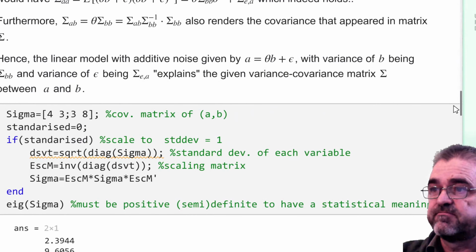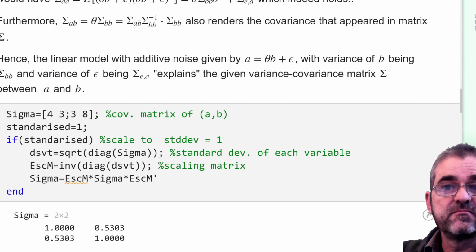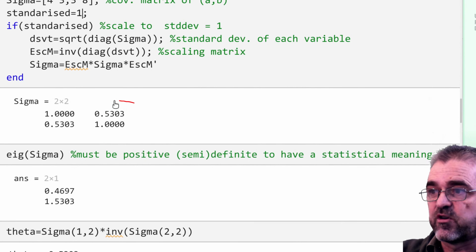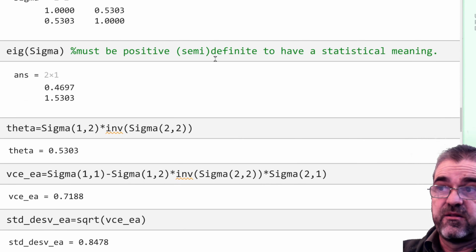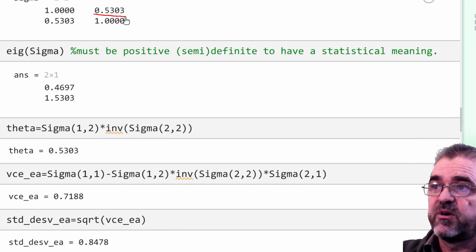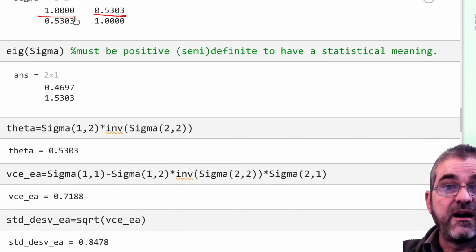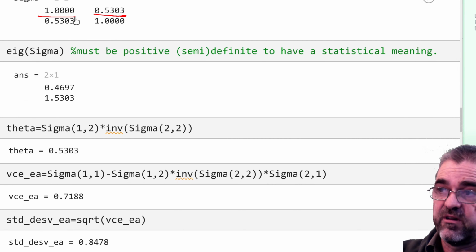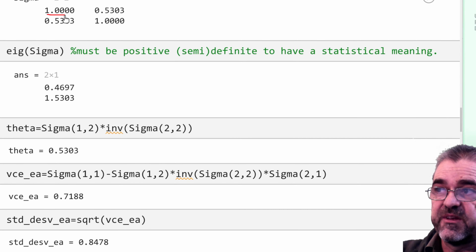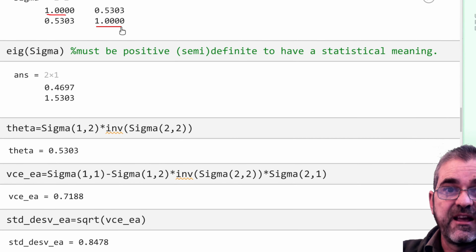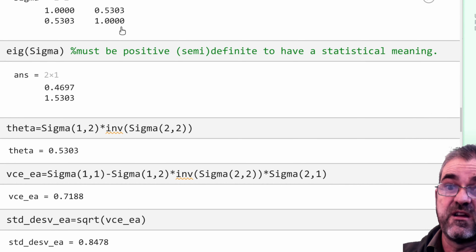Just as a last observation, if I standardize my variables, so I get a scaling and my variables in original units are transformed to standardized variables with unit variance, then the best linear prediction would be 0.53 divided by 1, either predicting one variable or the other, because when dividing by the variance of the input variable, it will be 1 regardless if we choose A or B. So in standardized variables, the coefficients of both models are the same, not one the inverse of the other.